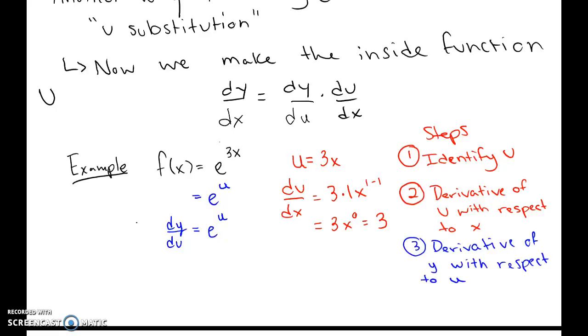Our next and final step here is to put it all together, according to that setup we have up top.